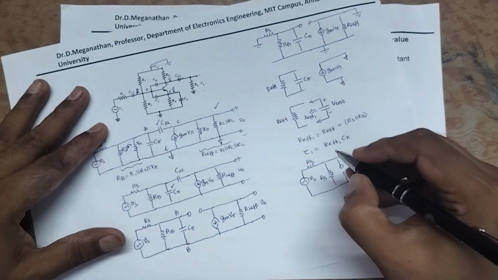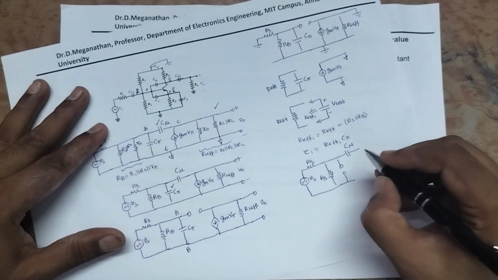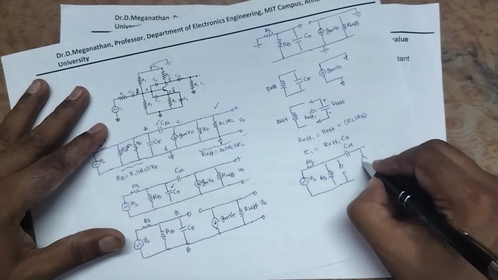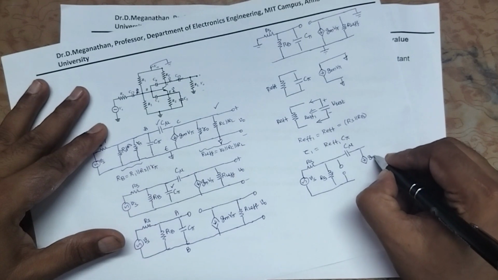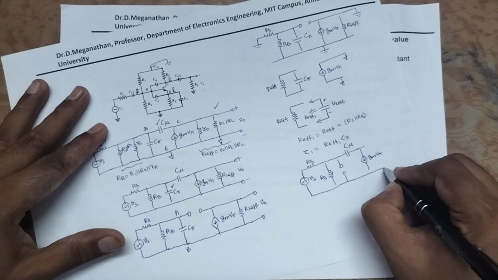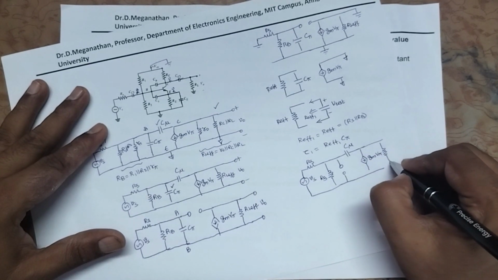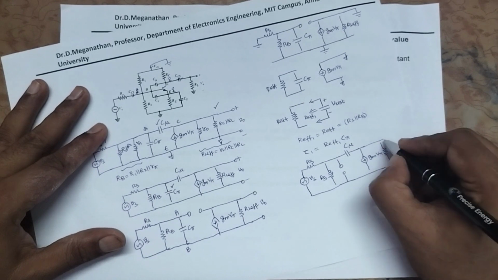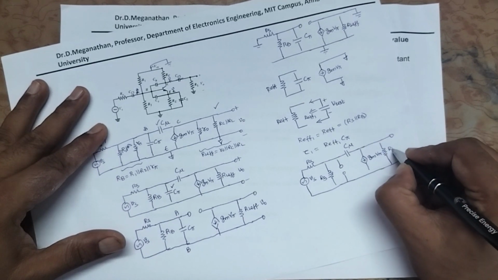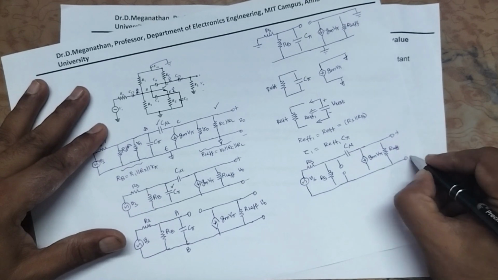C pi is open. You have the C mu, GM R naught, GM V pi. Then we have R naught parallel to RC parallel to RL, that is RL effective. Here V naught, the output voltage source.